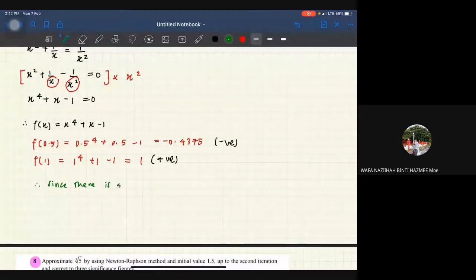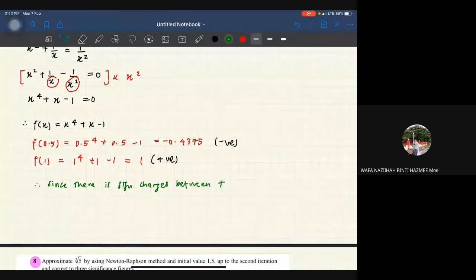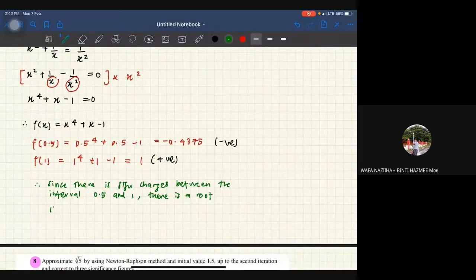Since there is sign changes between the interval 0.5 and 1, there is a root lies between the interval.